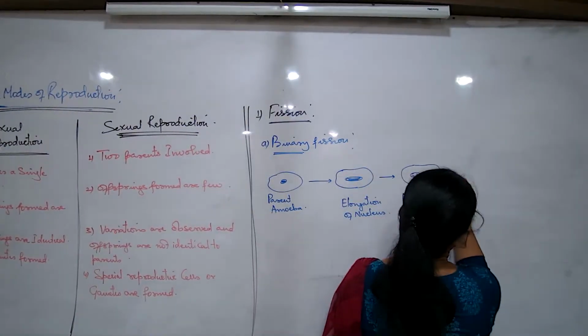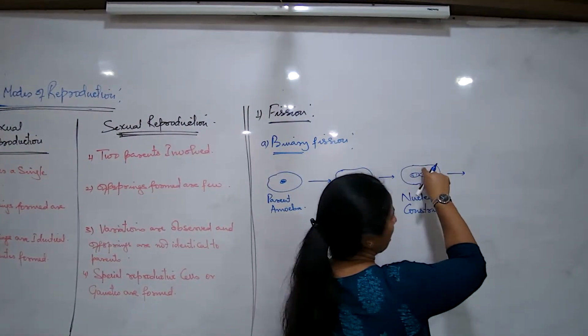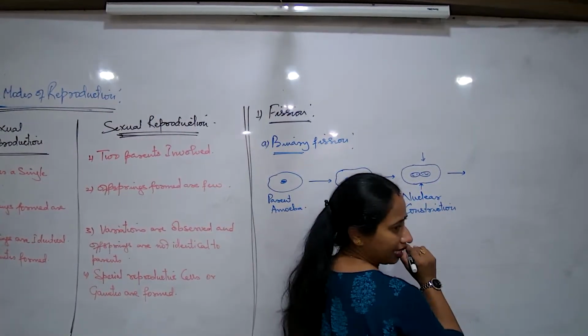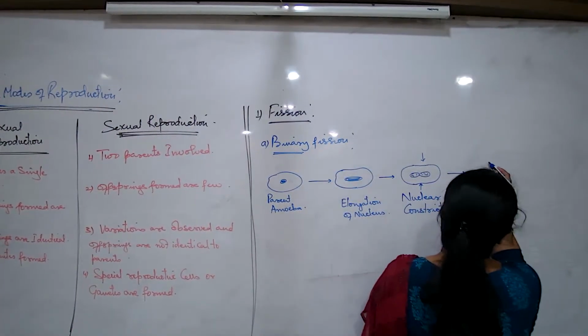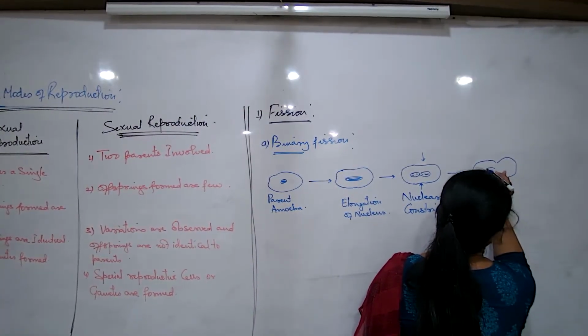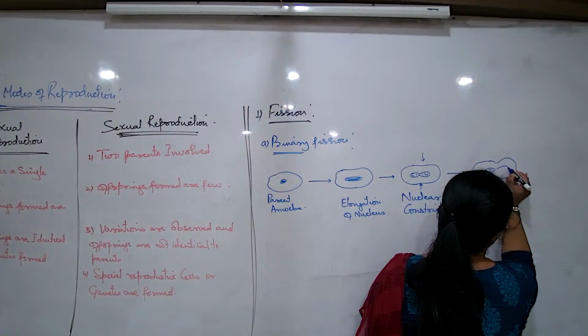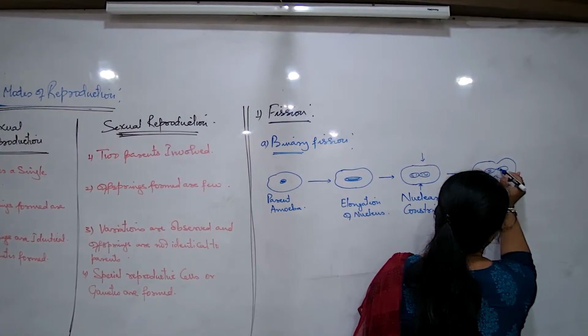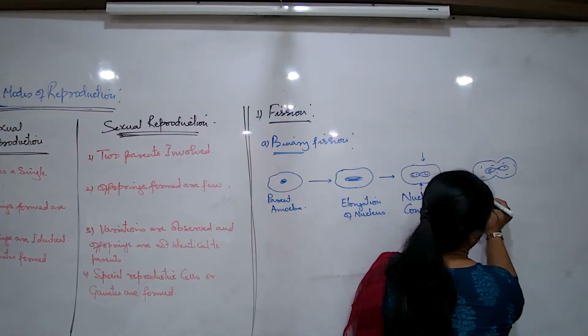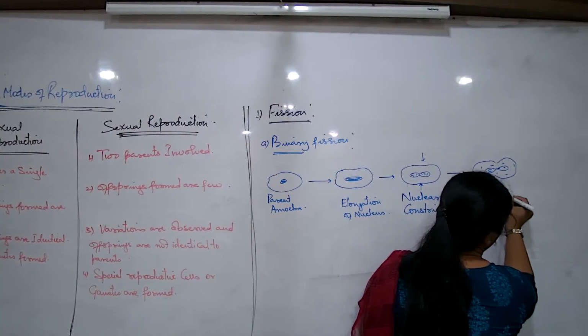Nuclear constriction. This will now be followed by the cytoplasmic constriction from either side, something like this. So this amoeba will almost take a shape something like this, and the nuclear division has almost completed. So cytoplasmic constriction has happened.